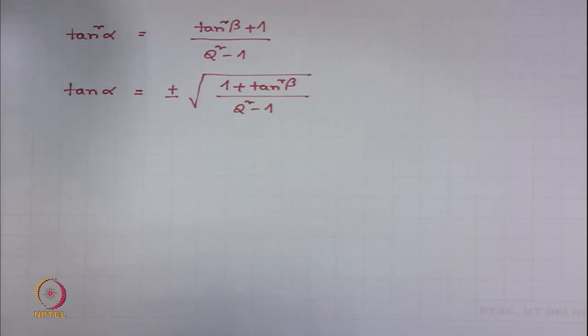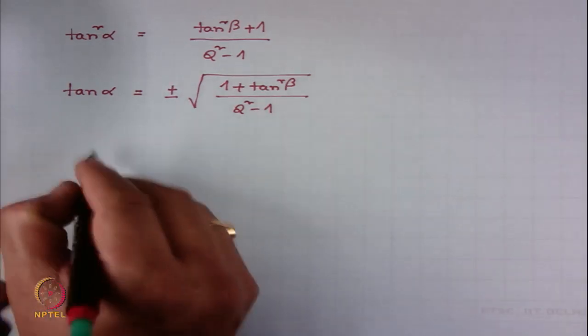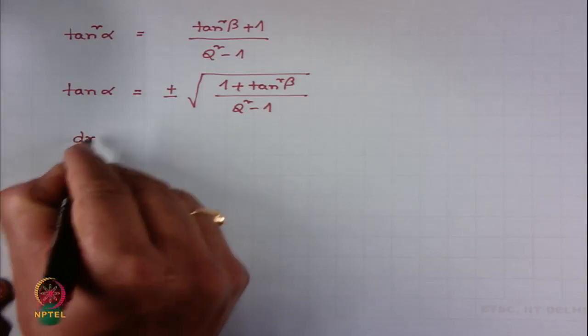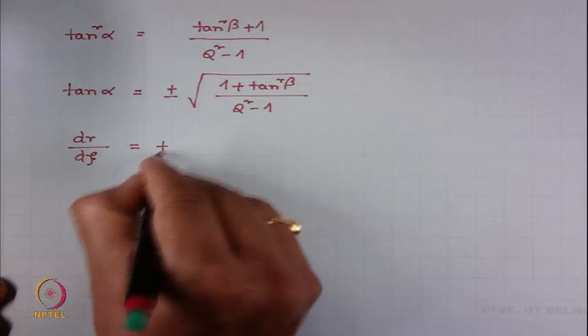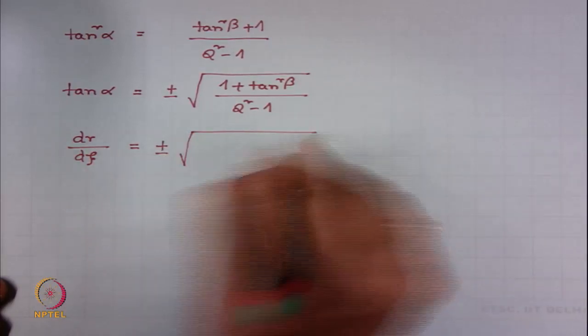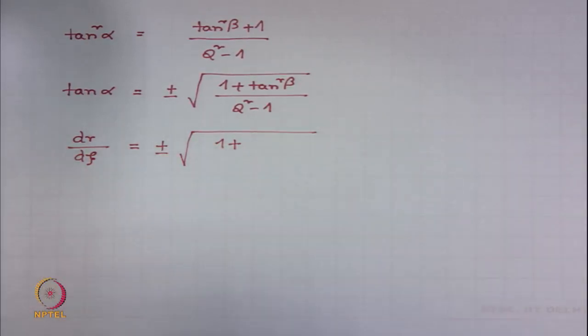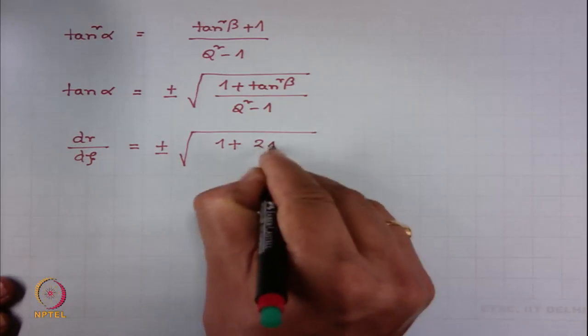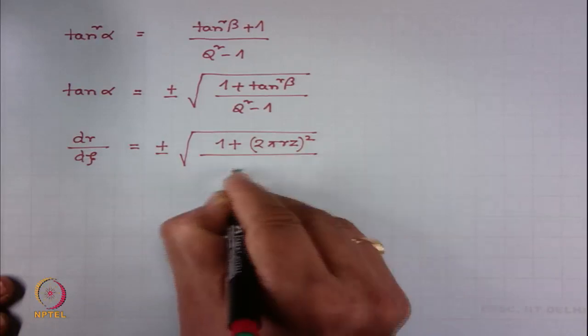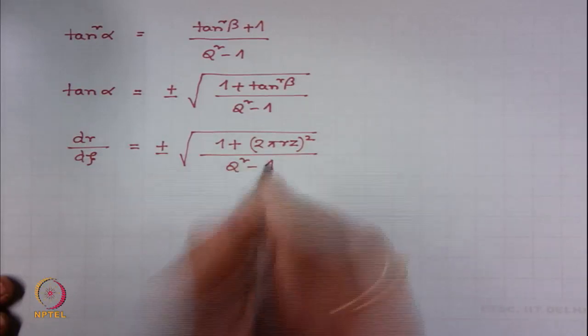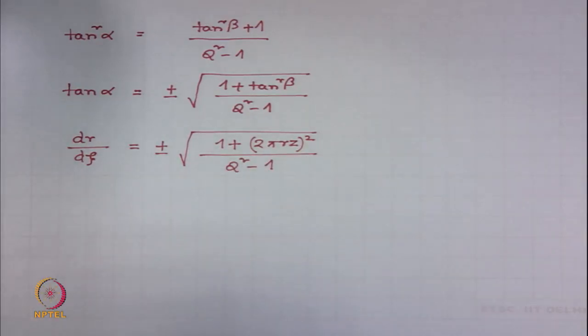dr by d zeta from definition, dr by d zeta is plus minus root over 1 plus tangent of beta, which is equal to 2 pi r times z, 2 pi r times z square divided by q square minus 1, right.